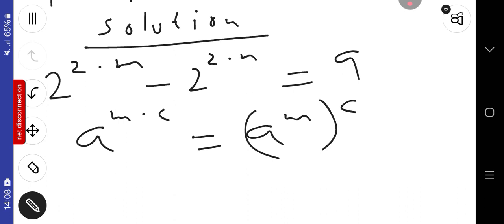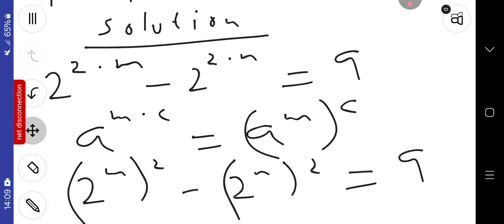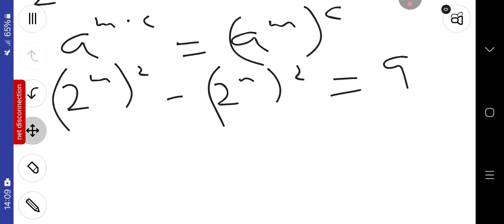So you're going to have 2 exponent m squared minus 2 exponent n squared is equal to 9. So this is what you have. You can see this is clearly a difference of two squares.